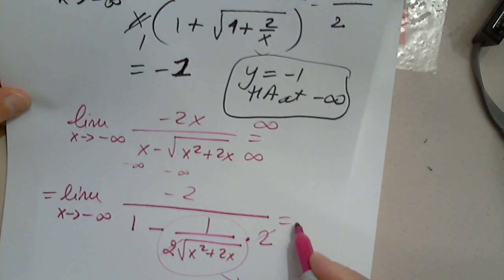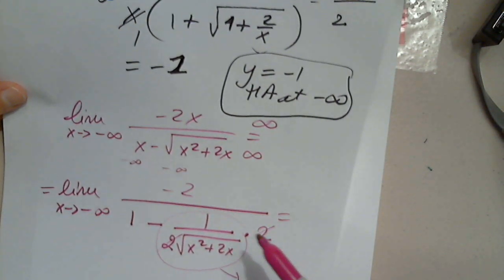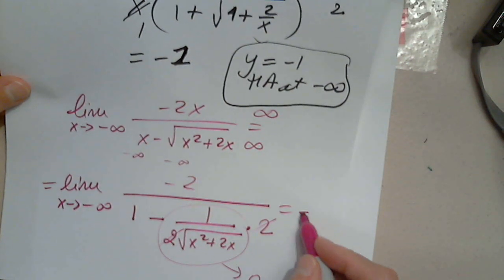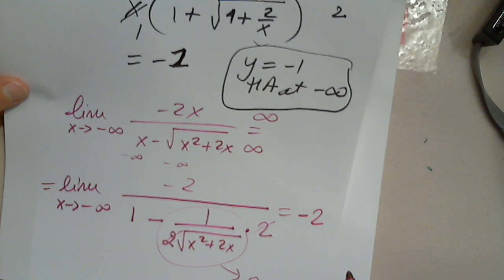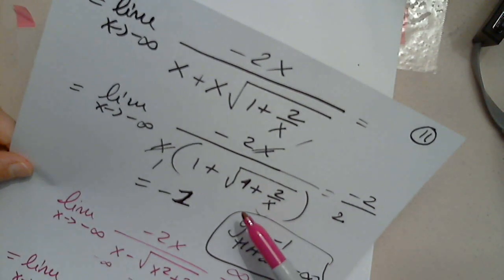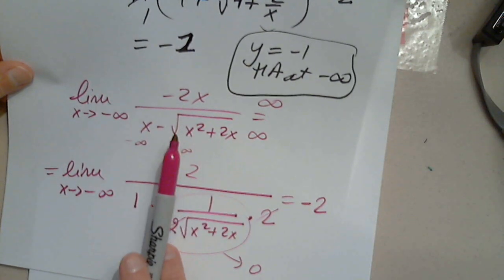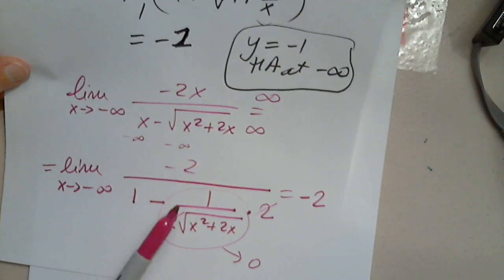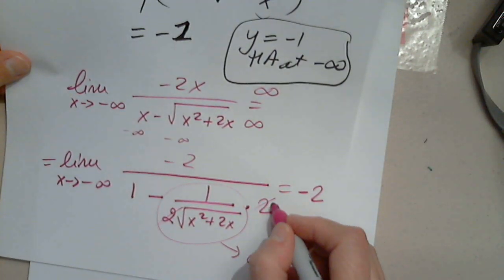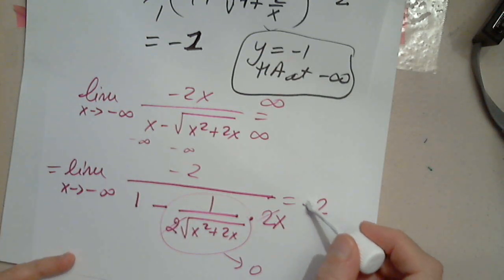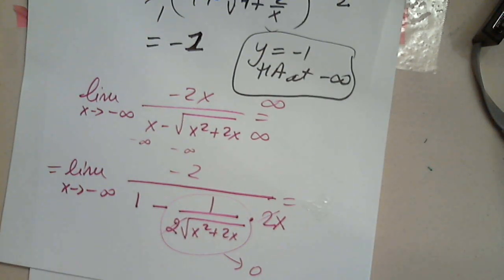Very elegant, and I still get -2/1. Okay, sorry, I have to get the same answer, right? I just wrote, it's times the inner function prime, which is 2x.